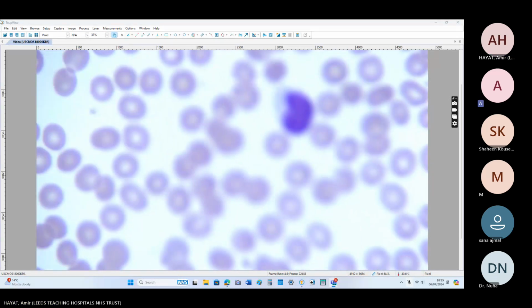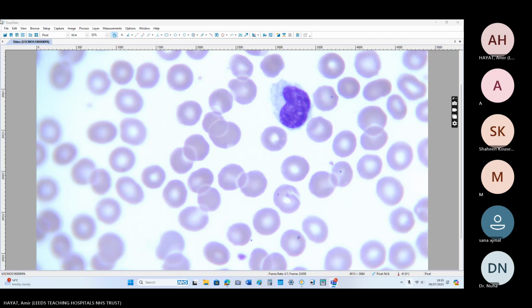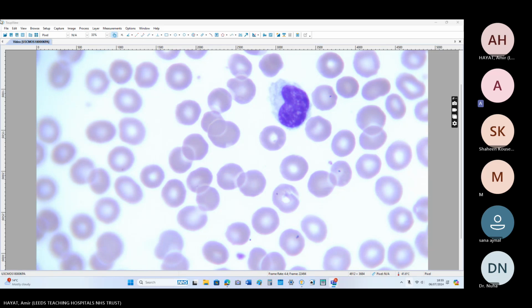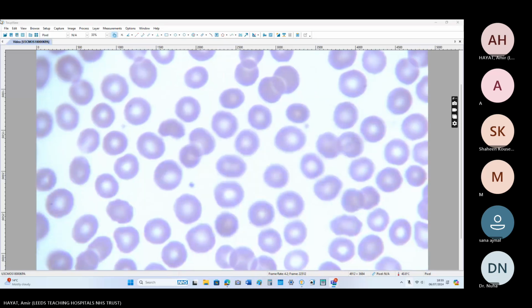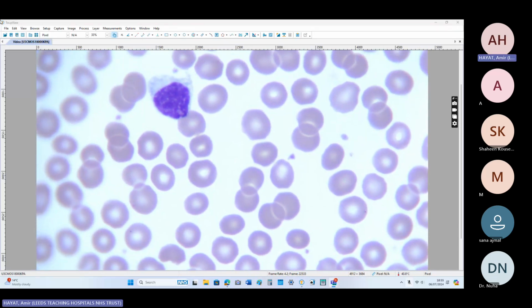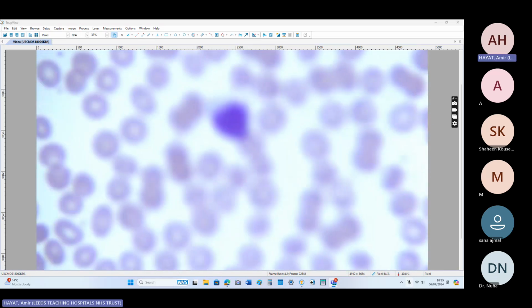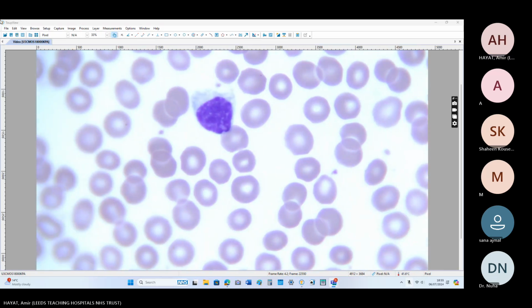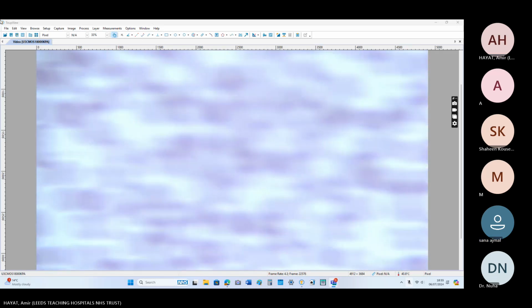This one looks like it has a kidney-shaped nucleus and abundant cytoplasm, more like hairy cells. Another. Is there any possibility that it could be T-PLL?